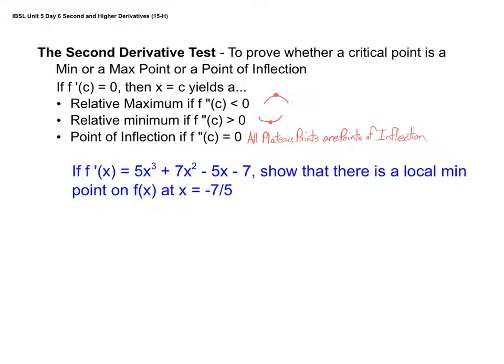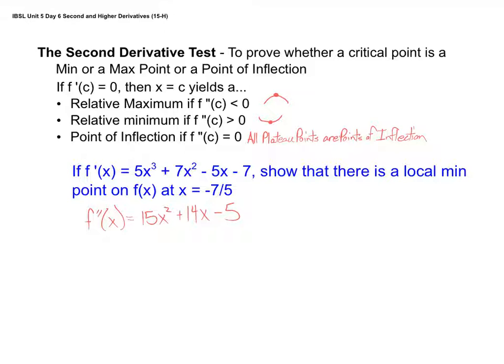So, we'll finish real fast with this, okay? So we have f prime equal to this. So f double prime of x is 15x squared plus 14x minus 5, right?